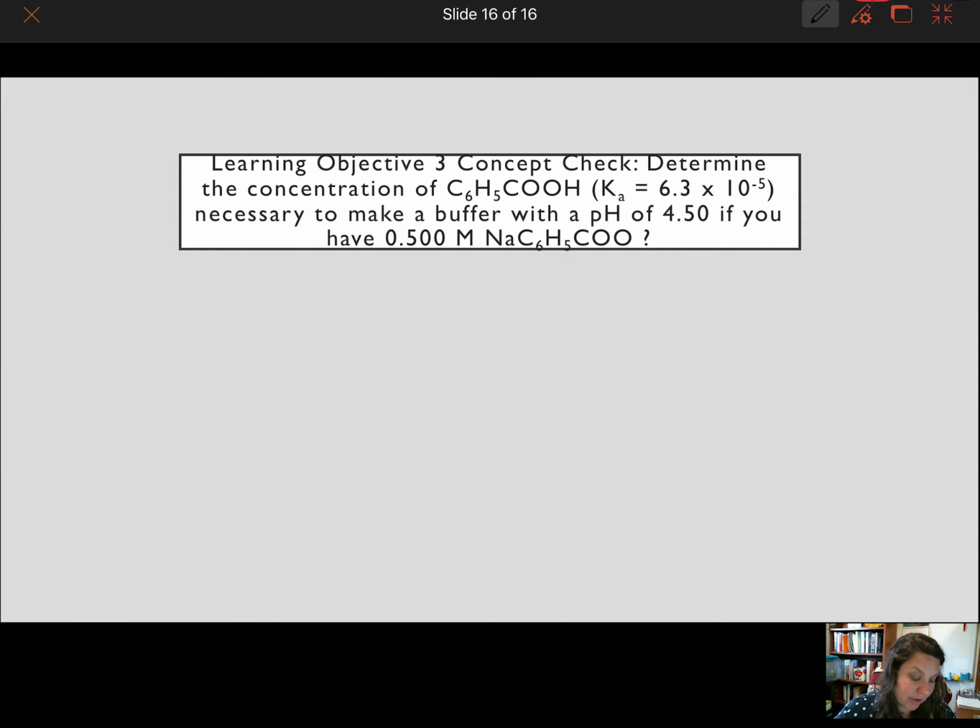Okay, let's try out a problem. We want to determine the concentration of benzoic acid necessary to make a buffer with a pH of 4.5 if you have 0.500 molar sodium acetate. So we're given our concentration of sodium acetate. We want to determine the concentration of our acid given our Ka value and our pH.